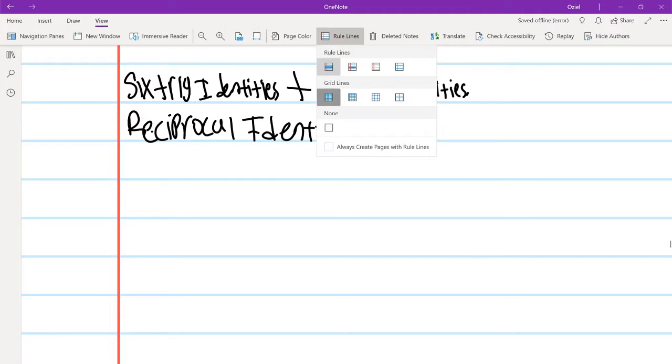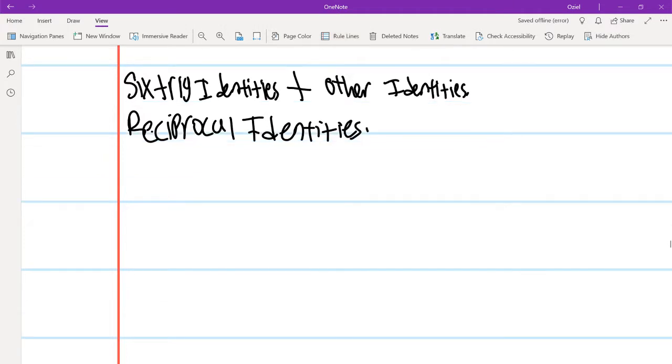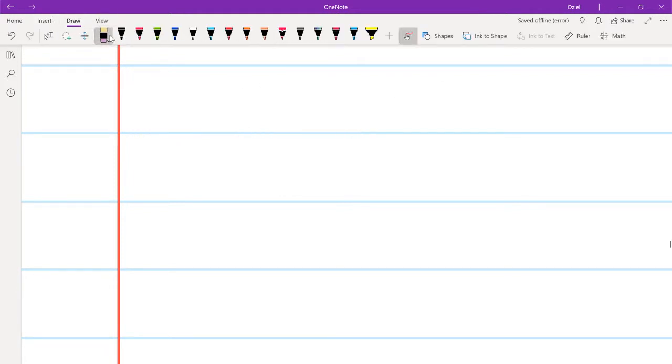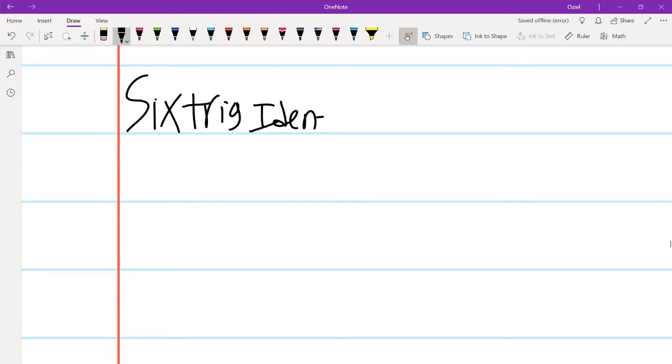Let me make the notebook a little bit bigger so that I can write better. So it's gonna be 6 trig identities.